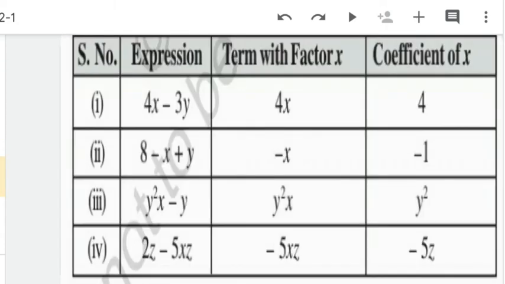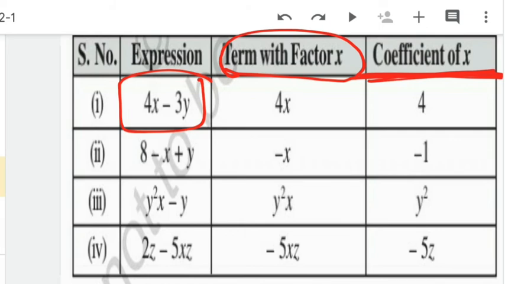Now what if we have to find the coefficient for a particular given variable? For example, in this part we have to find the coefficient of x only. The expression is 4x minus 3y. To find the coefficient of x, we take only the term in which we have x as a factor.